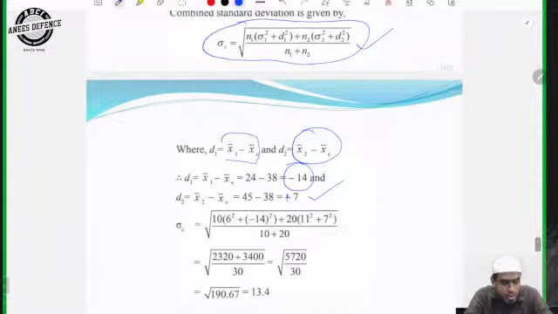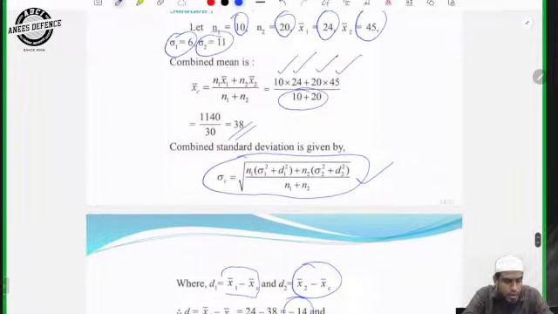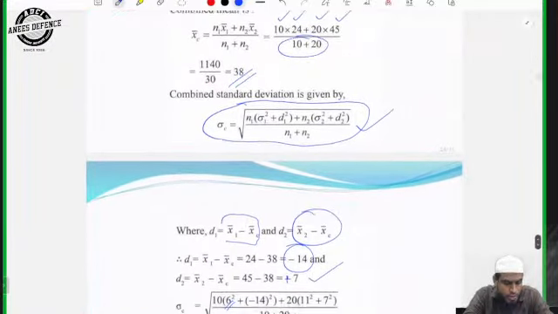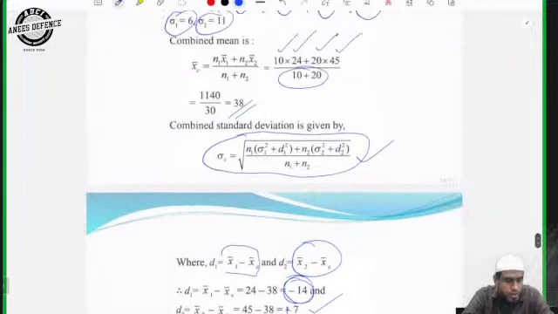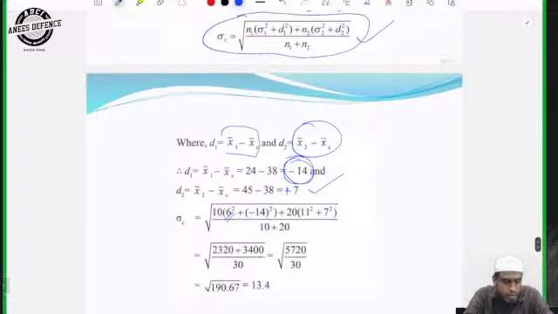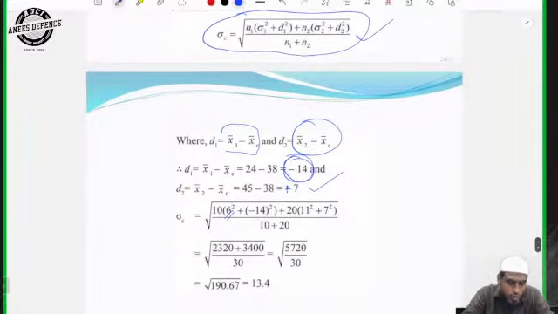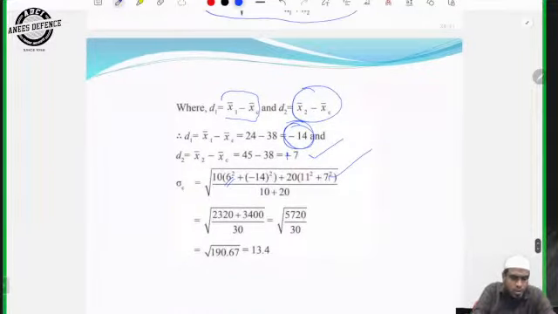So just put these values in the equation. n1 is 10, sigma 1 is given as 6, so sigma 1 square is 6 square. d1 square is minus 14 square. n2 is 20, sigma 2 is 11, so 11 square. d2 is 7, so 7 square. Just substitute and you will get the value.